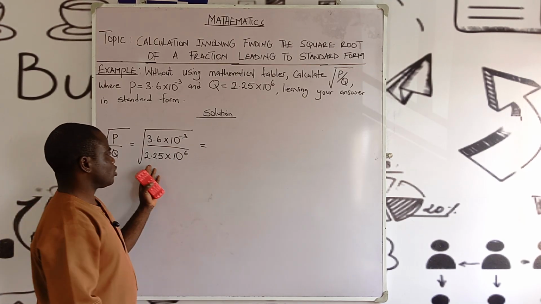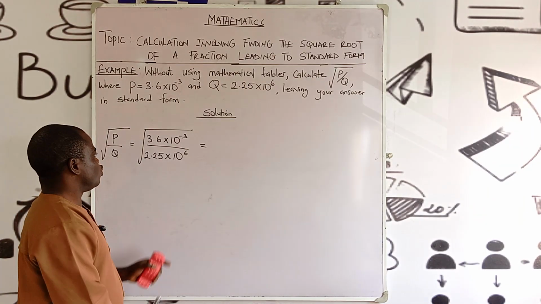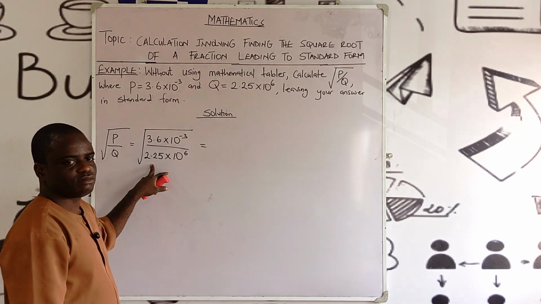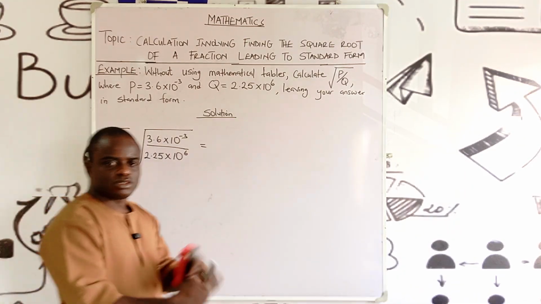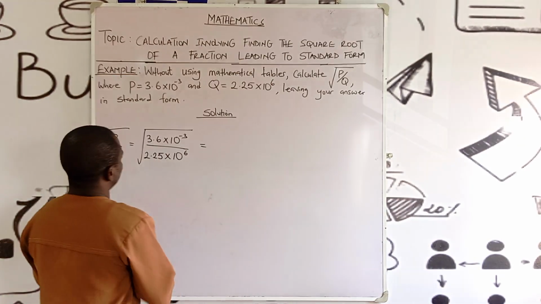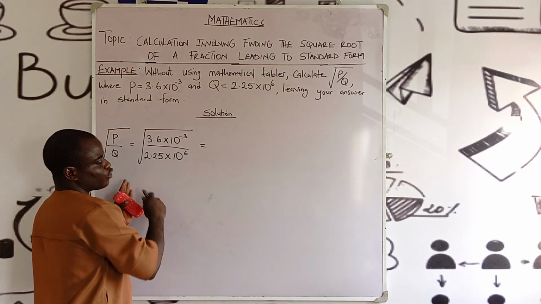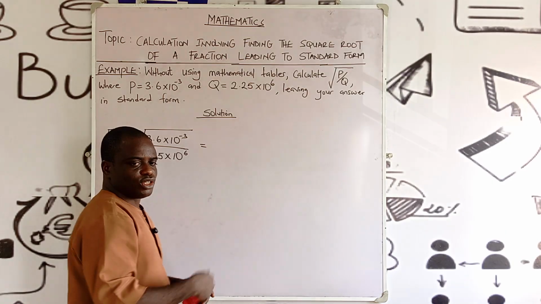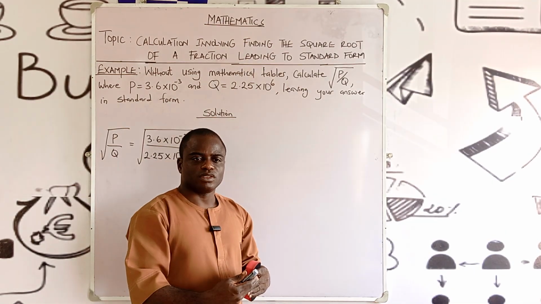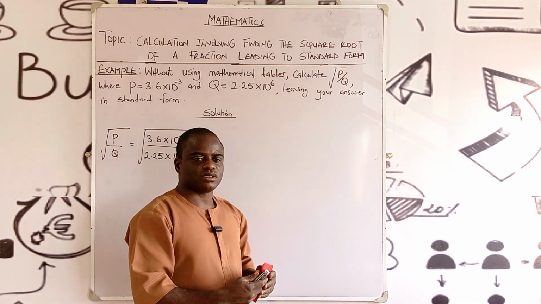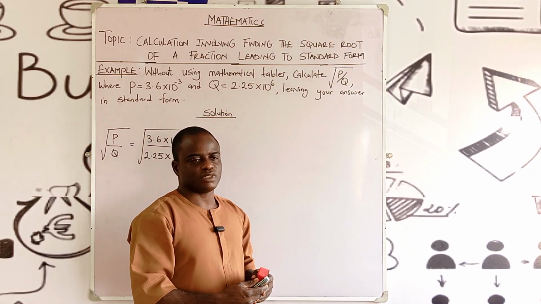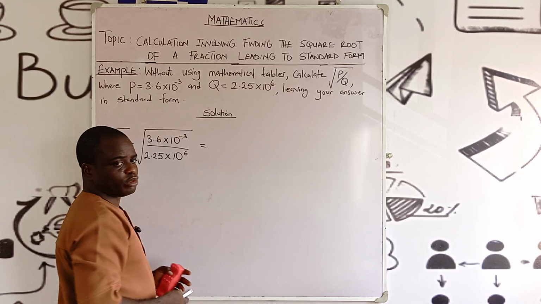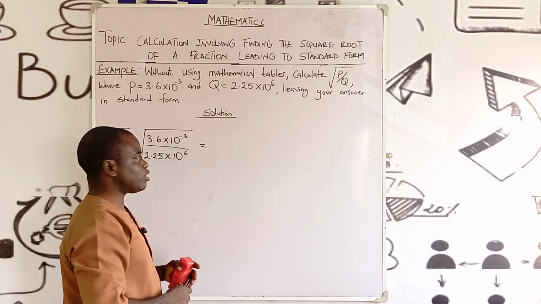Now, you want to solve it in such a way that you'll be able to look for the square root of the number without stress. When you shift from left to right, the power or the index will be a negative value. But when you shift from right to left, it will be a positive value.